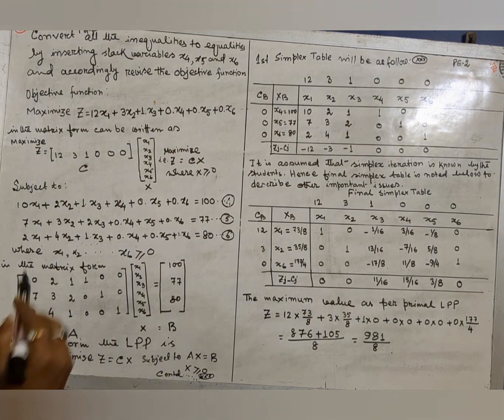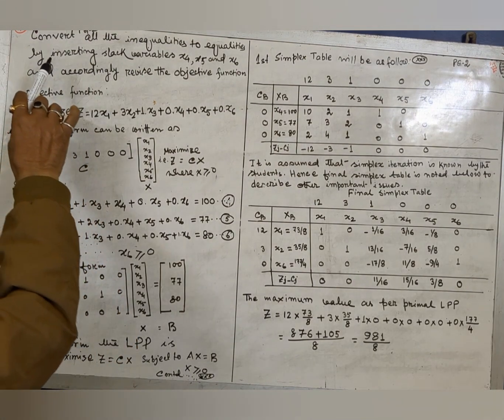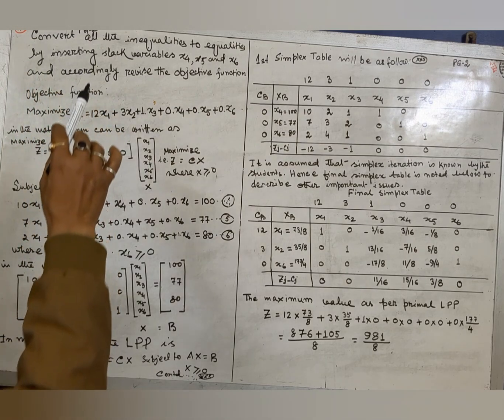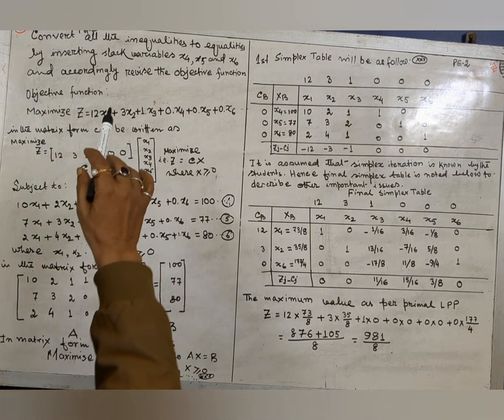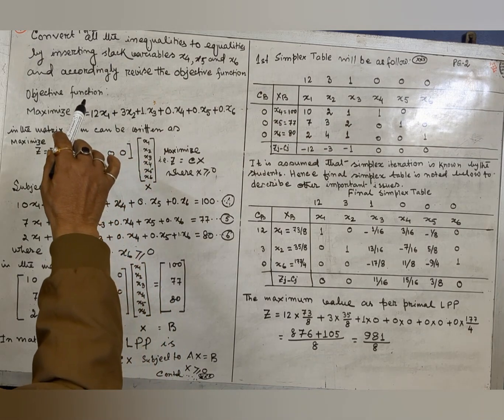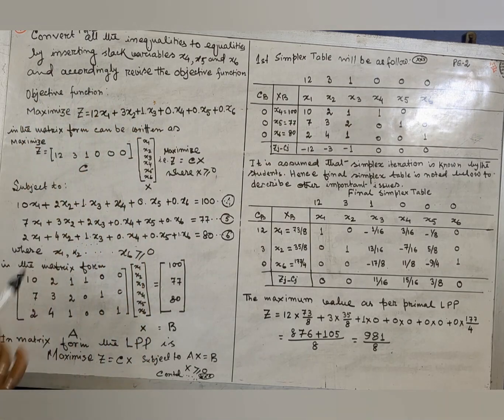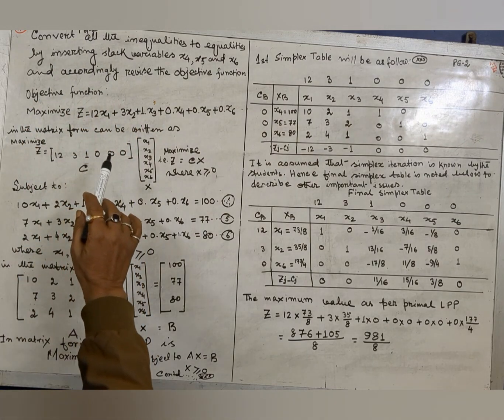Continuation from the previous page. In my previous page, we formulated the primal and dual linear programming problem. Now we are going to solve it.